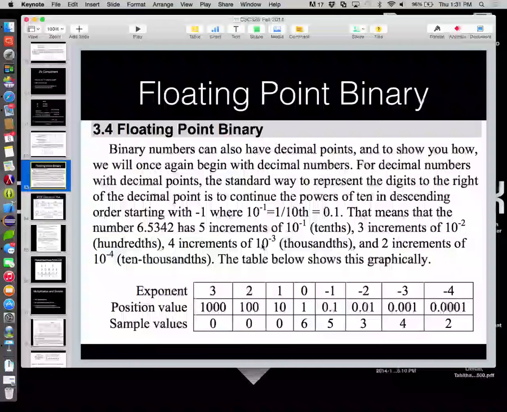Okay? So this table shows the breakdown here. At the 0 exponent, this is the ones place. 10 to the 1 is the tens place. 10 to the 2 is the hundreds. So this is to the left of the decimal point. To the right of the decimal point would be the fractional places. Okay, makes sense? So this is just telling us again how decimal numbers work.